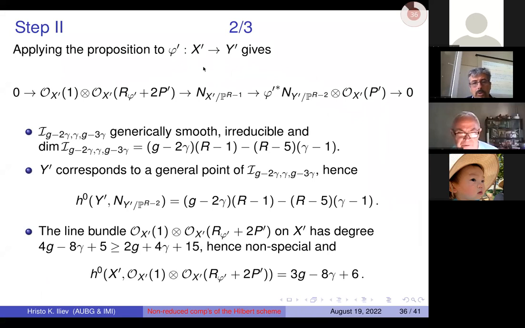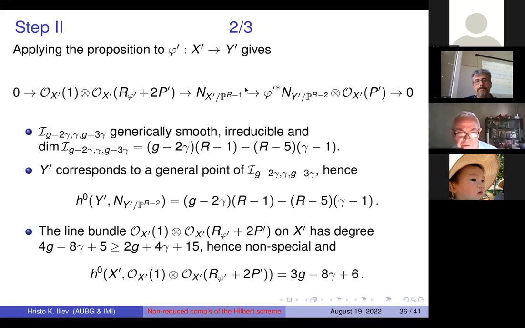So we get to apply it to this morphism, and then the exact sequence transforms into this one that I have right here. Now I can compute H0 of N_X prime because it is exact on the global sections. It's exact on the global sections because of the degree of this line bundle on X prime. It is bigger than 2g minus 2 plus gamma, for which reason we have it exact on the global sections.